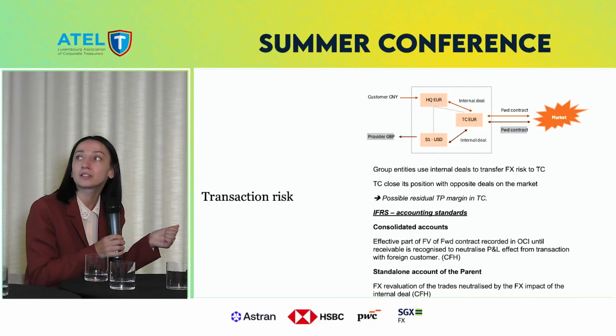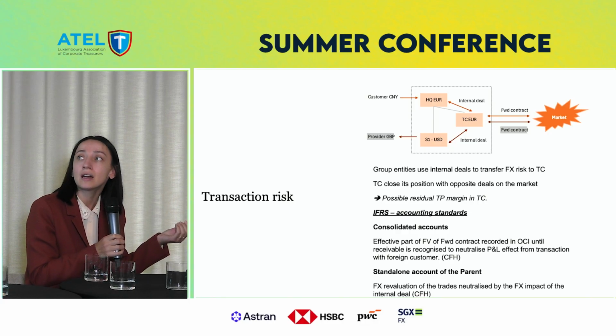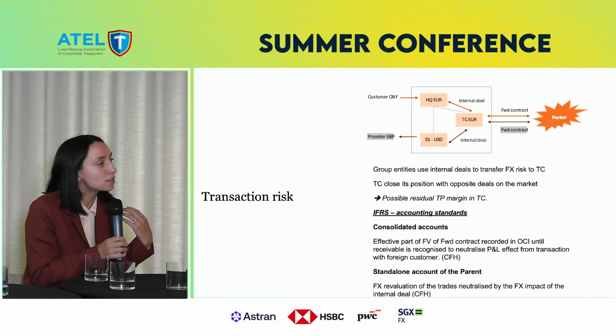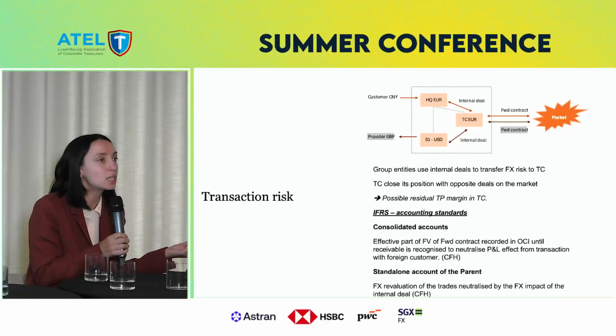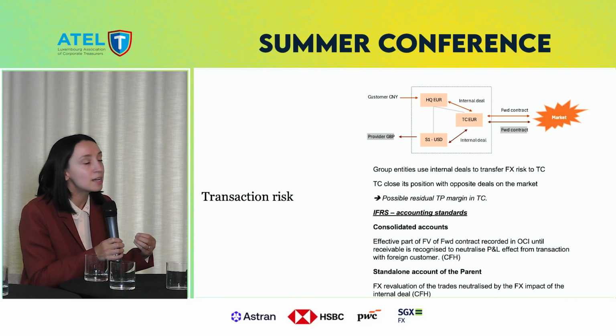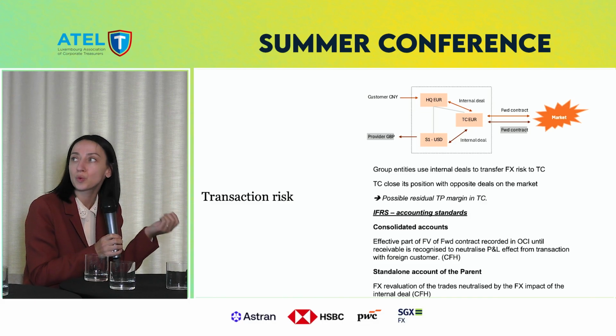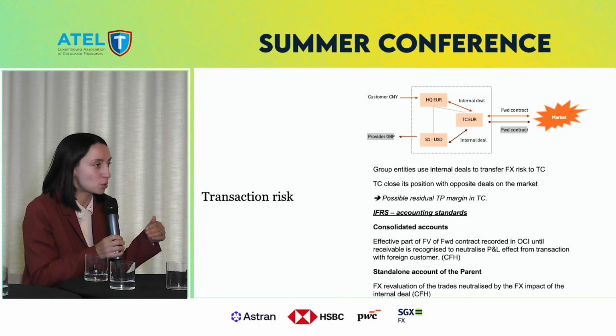Let's imagine that the headquarter has a supplier in a certain currency. They will transfer this risk through an internal deal to the treasury center, and the subsidiary would have a different transaction and also transfer this risk to the treasury center. Then the treasury center will deal with those risks by engaging in different money market instruments like forwards or swaps to hedge them.